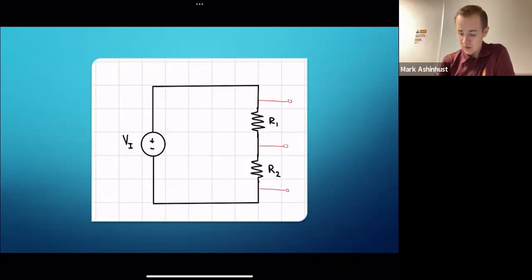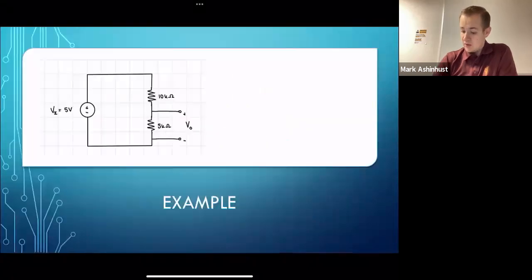We could get one across VI, but if we got one across VI, it would just be VI. So, same problem. We'll have this example. We want our sought voltage over the 5 kilo ohm resistor. So I'll give you a second. See if you can write out that equation and solve it.